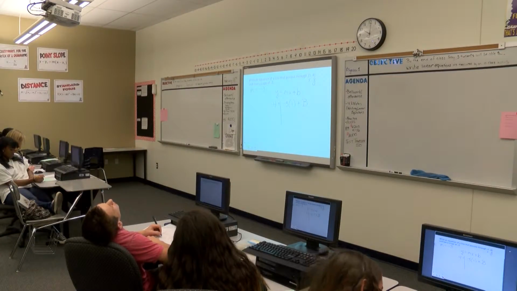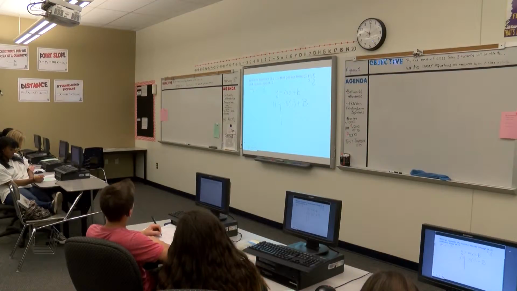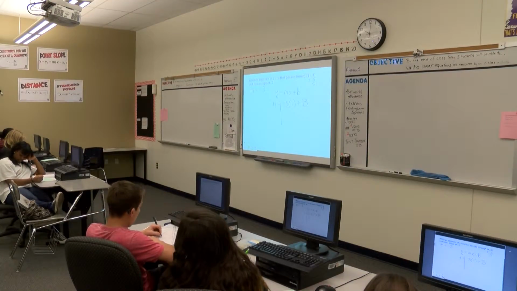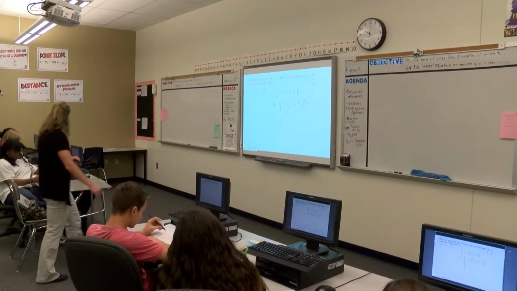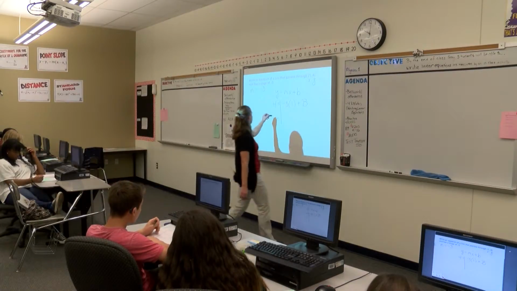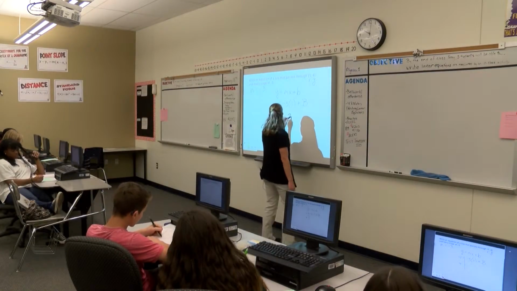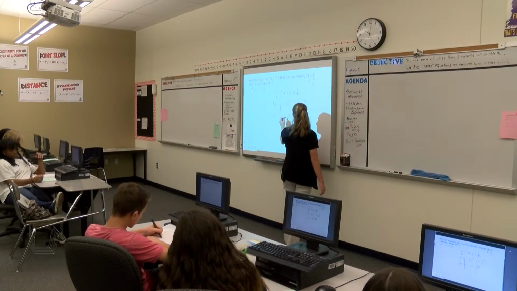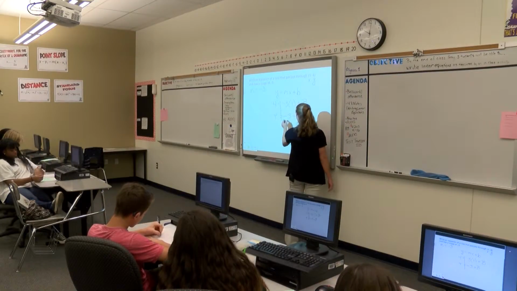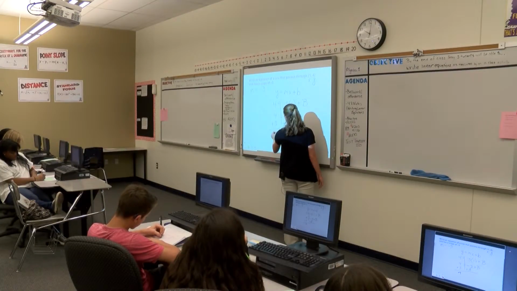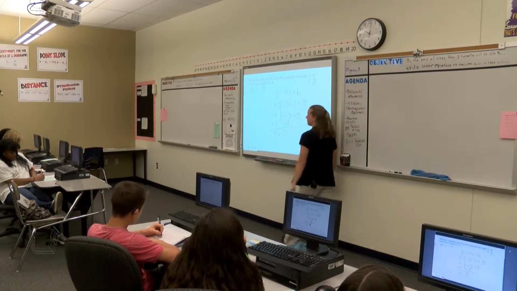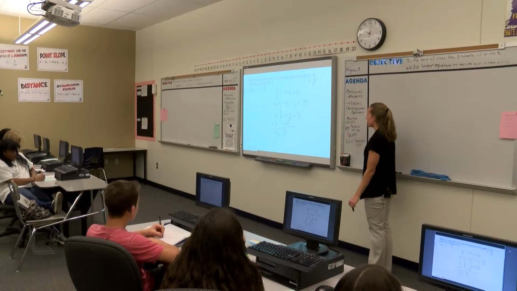Give you a second or two to finish that. Okay, I'm -3, so we added 3. B equals 7. And then we wrote the equation.